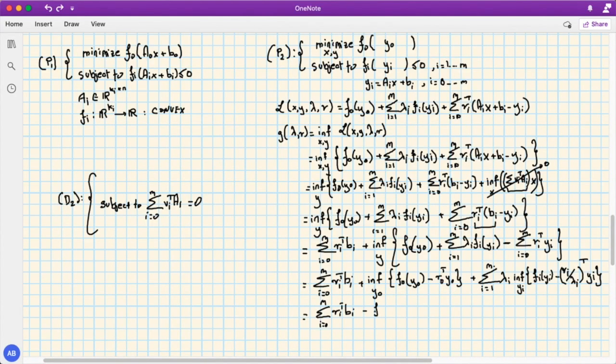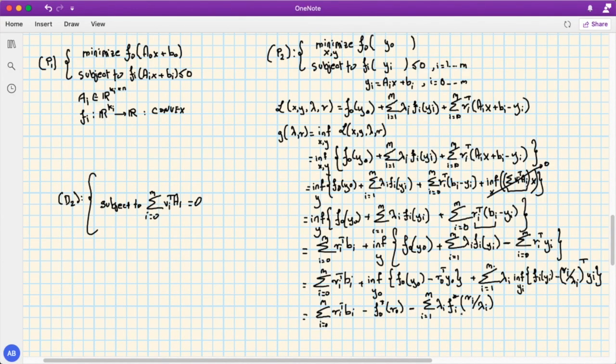So f0 star of nu 0 minus sum, same thing over here, from i going from 1 till m, lambda i, fi conjugate, but this time my variable is not nu i, it's nu i over lambda i.